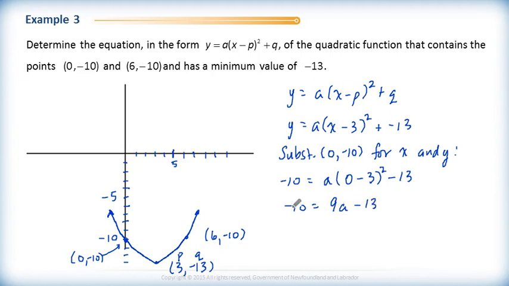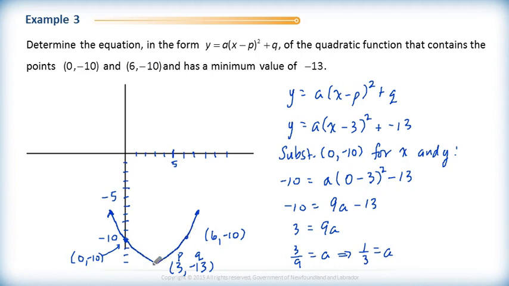Bring this minus 13 across and add it, or in other words, add 13 to both sides, gives me 3 equals 9a. Divide both sides by 9. I get 3/9 equals a, which means that a is 1/3, which kind of makes some sense.